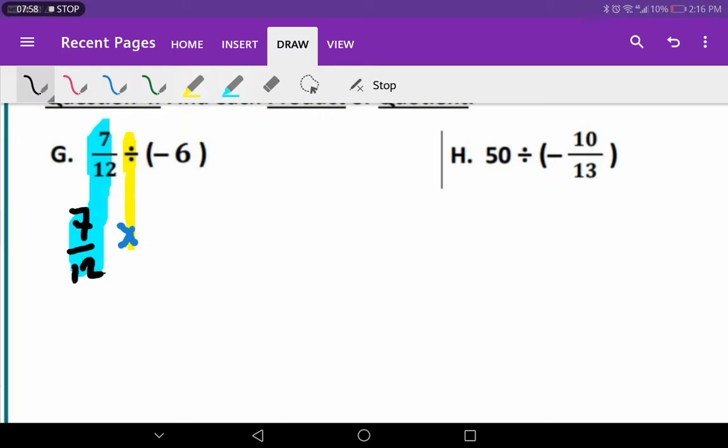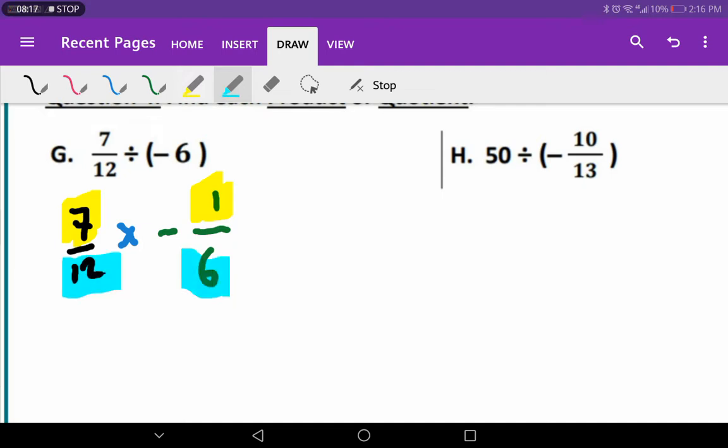Multiply by negative 6. Actually, the reciprocal of 6 is 1 over 6. It will be negative 1 over 6. As we learned, up with up and down with down. Let's go. So it will be 7 over 72.